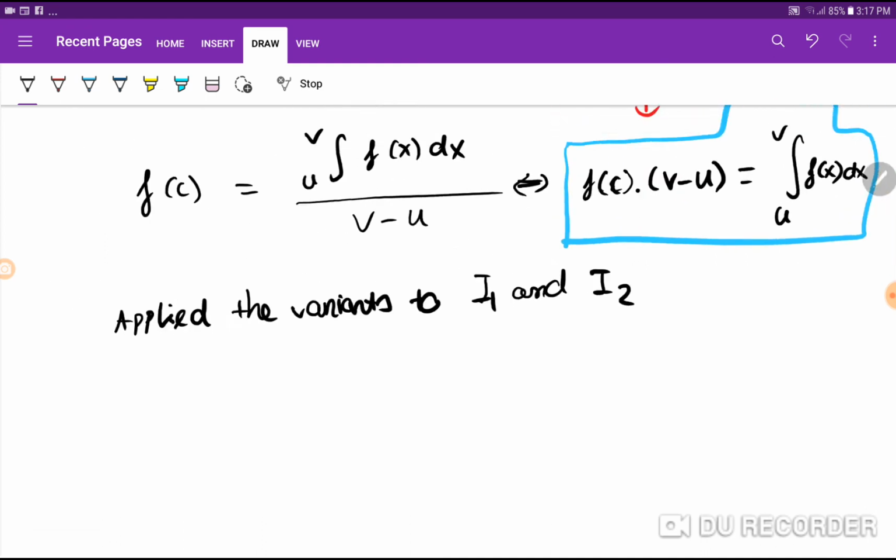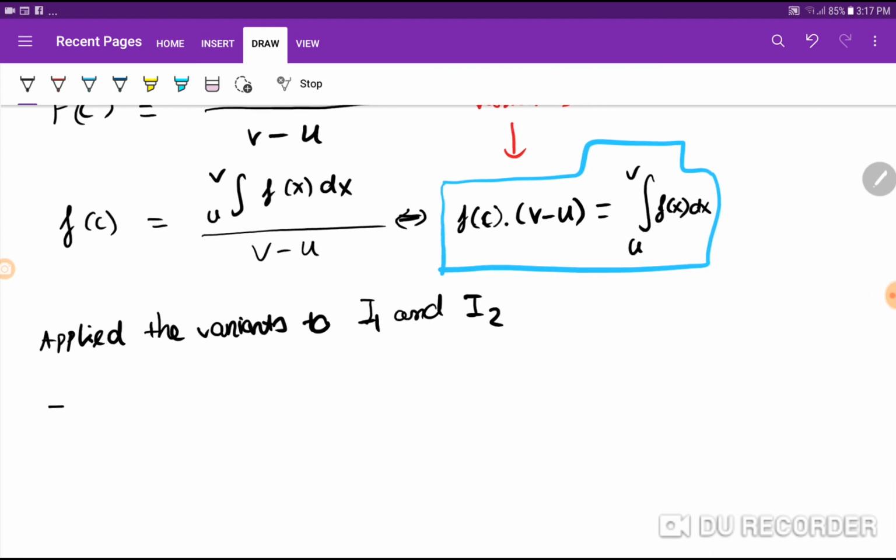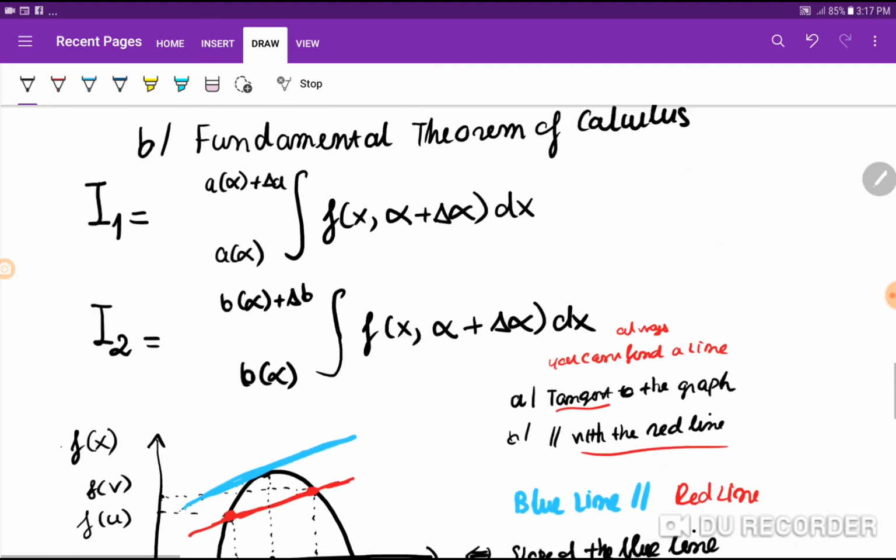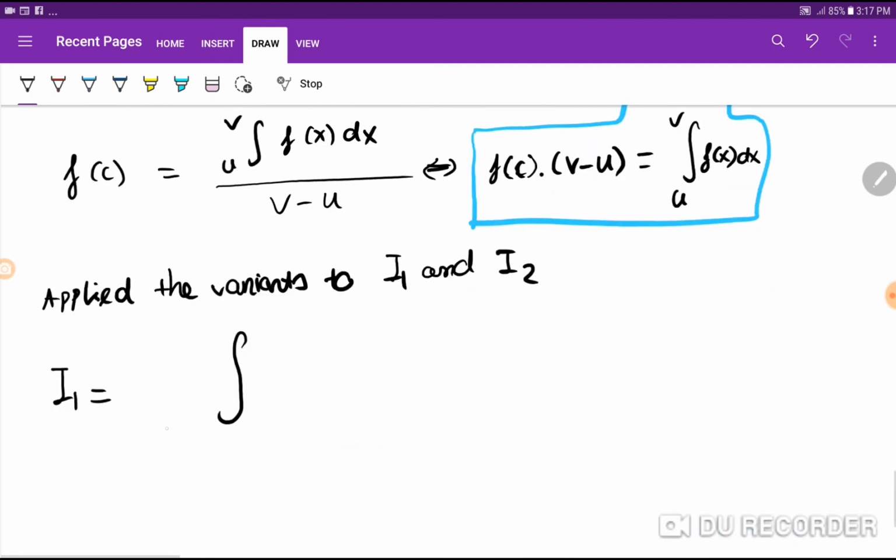So let me write I1 equal to the integral of, let me scroll up, from A(alpha) to A(alpha) plus delta A of f(x, alpha plus delta alpha) dx. What is it equal to?